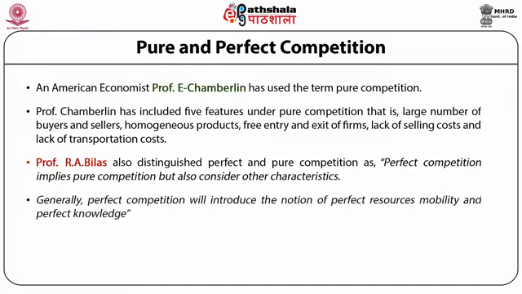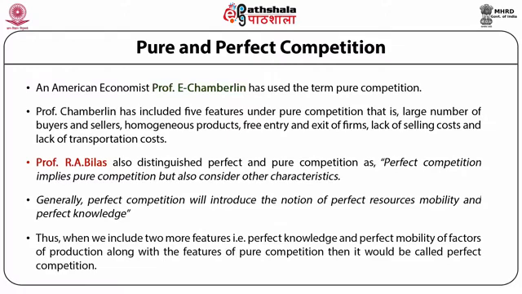Generally, perfect competition will introduce the notion of perfect resource mobility and perfect knowledge. Thus, when we include two more features, that is perfect knowledge and perfect mobility of factors of production, along with the feature of pure competition, then it would be called perfect competition.